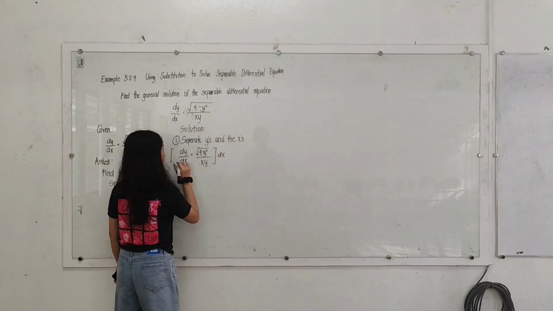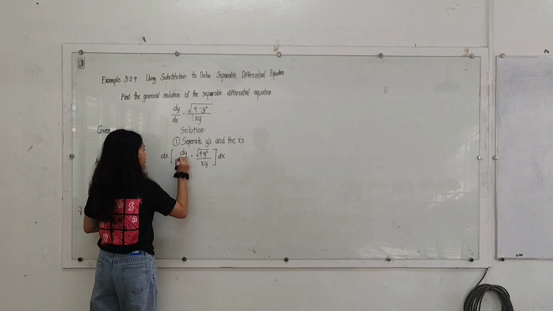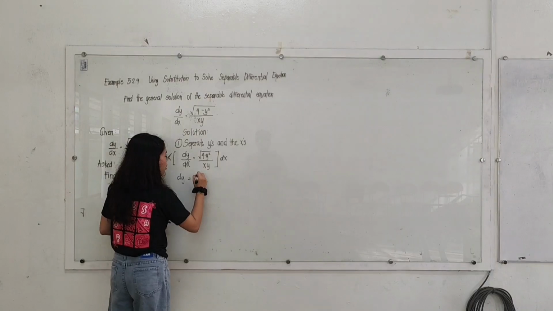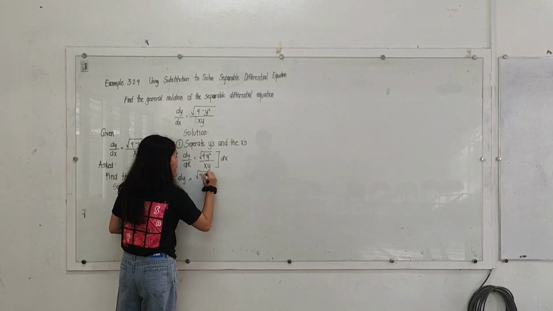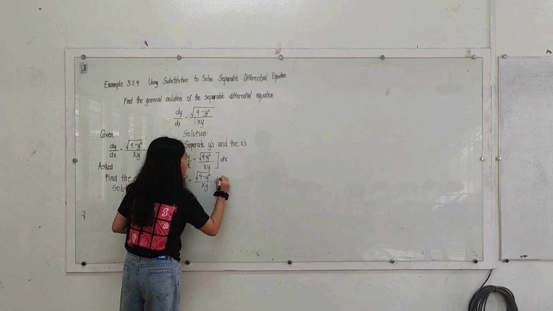So we can cross out the left side dx. The answer would be dy is equal to the square root of 4 minus y squared over xy dx.